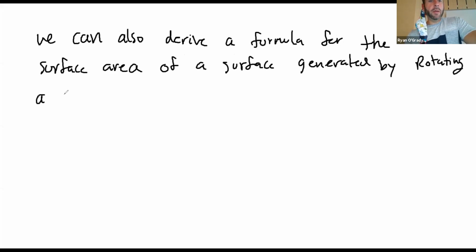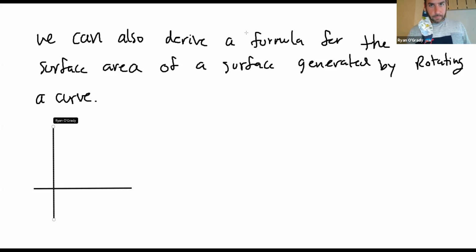So the good way to think about this is imagine you generate your solid like we did before, and just think of its surface. How would its surface be generated? Well, its surface would be generated just by rotating the curve, not the whole region. So, for example, let's just draw a quick little sketch here.